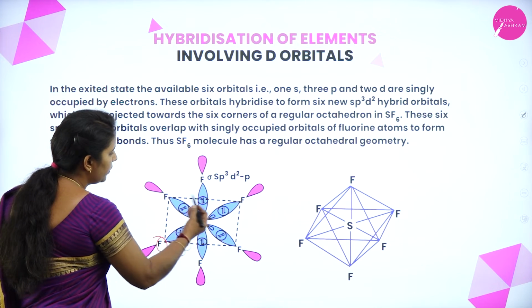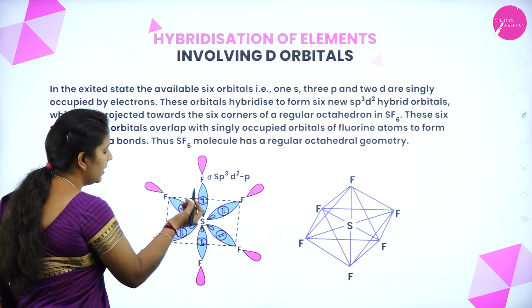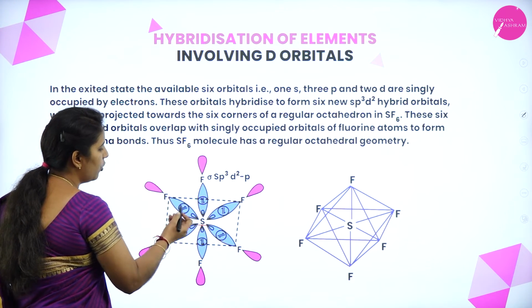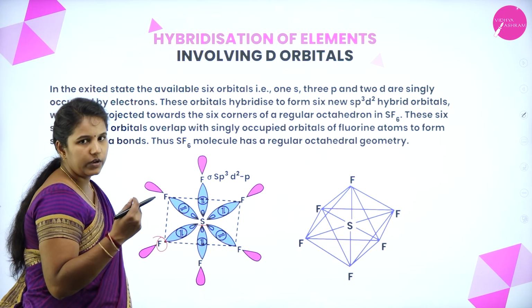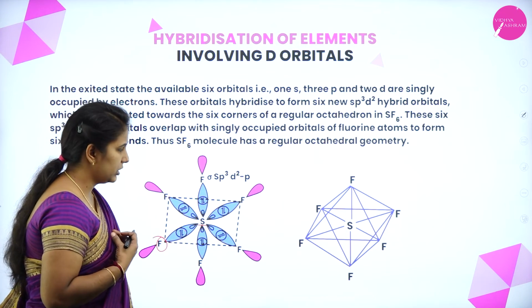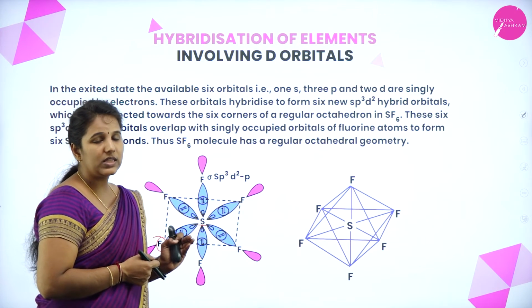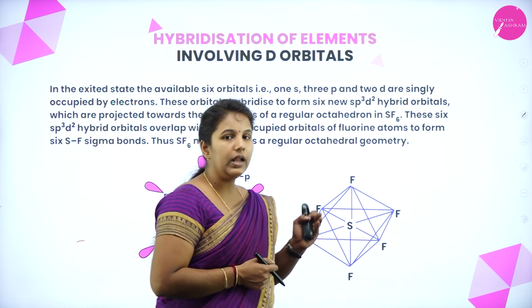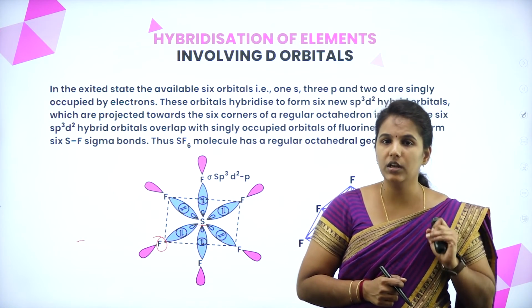And you can see that the 4 hybrid orbitals are present in a square planar structure, with one orbital present above and one orbital present below, and the overall geometry is known as octahedral or regular octahedral structure. This is how we can easily understand sp3, sp3d and sp3d2 hybridization in the hybridization concept.